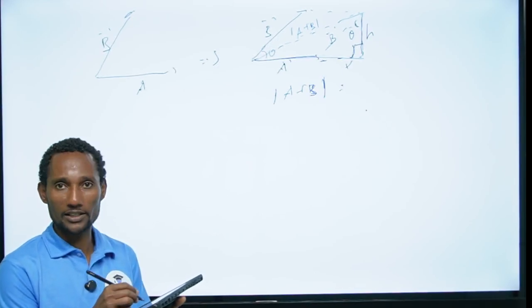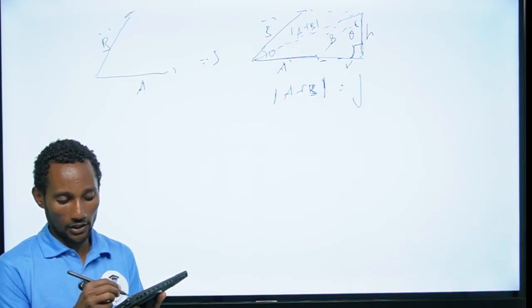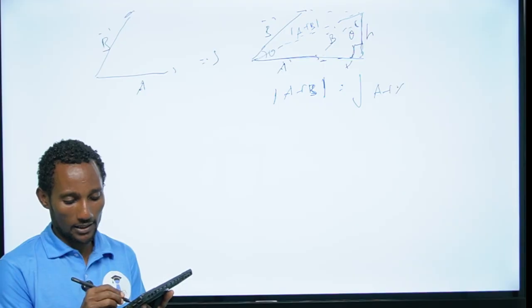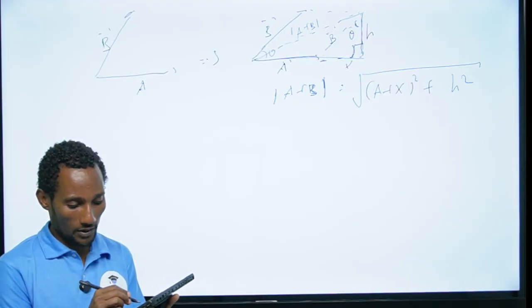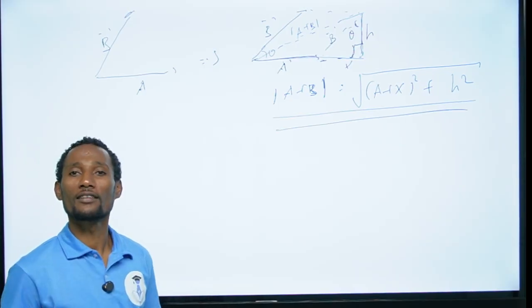The right angle triangle theorem is the same as the square root of a plus x the whole square plus h square. This is the parallelogram law. By having this, we can determine the cosine law.